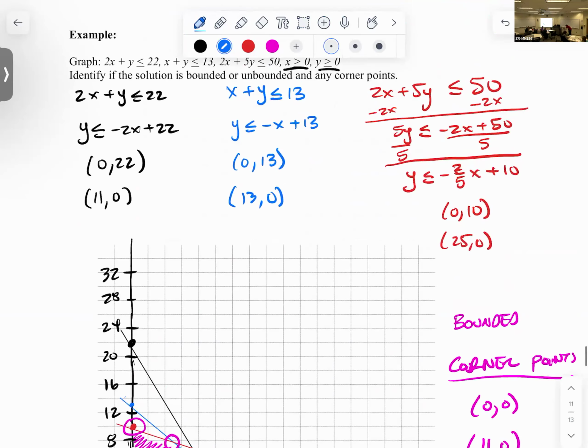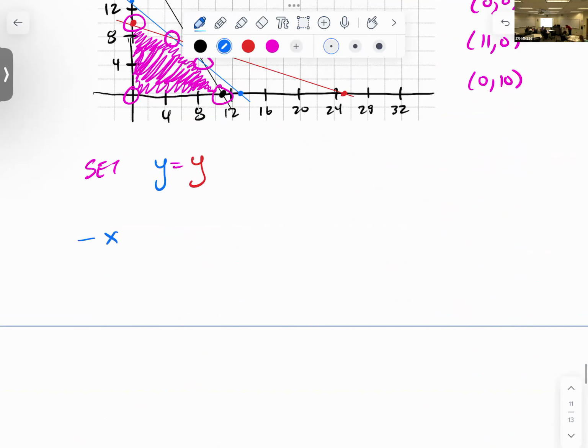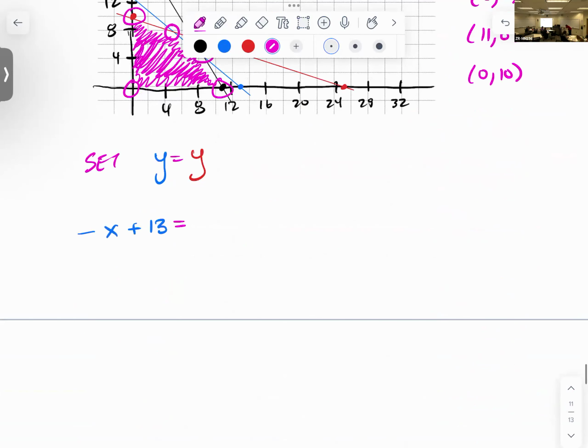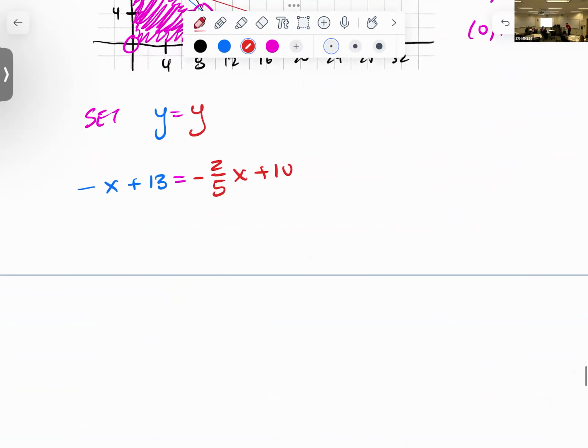So what was it, negative x plus 13? So we're just using an equal sign instead of an inequality now? Yes, because we're actually finding where they cross, right? So finding intersection points is always the same. It's still equalities. There's no inequality needed.